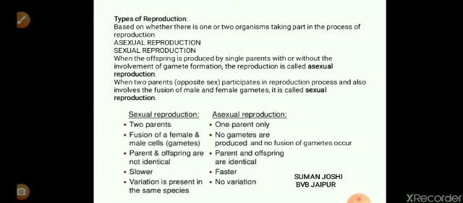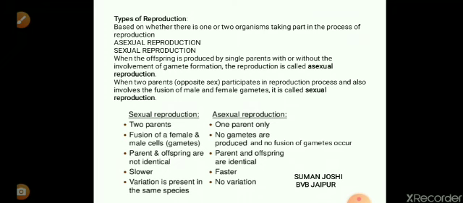Now, in the next slide, we will move to the types of reproduction, that is the 2 main types of reproduction, which you have already also studied in 10th standard, the basic difference between the asexual and sexual reproduction. That is, asexual reproduction where only one parent is involved, no gametes are formed and no fusion of gametes occurs at all.